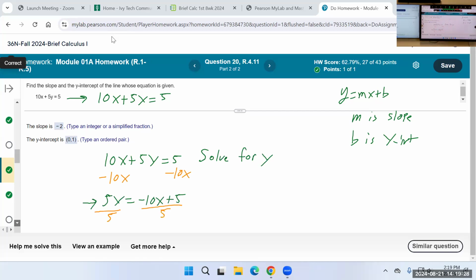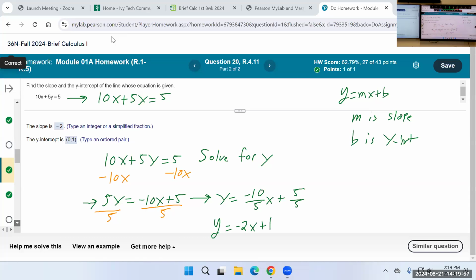So then I get y equals -10 divided by 5 x plus 5 divided by 5. And I should probably simplify and reduce if I can. -10 divided by 5 is -2. 5 divided by 5 is just 1.